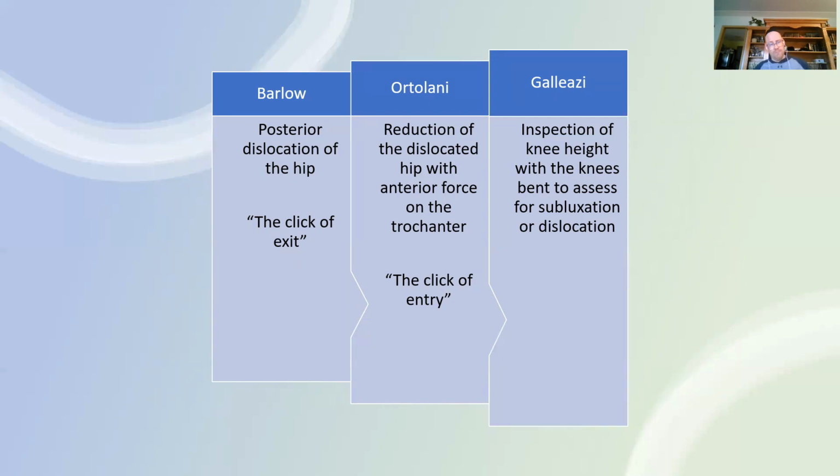So in that situation, there are a couple of pathologies where this is relevant. One of them is dysplasia. Because the femoral head was actually translated posteriorly, it caused an apparent difference in femoral height. So it made the femur look shorter on the side on which the hip was dislocated.